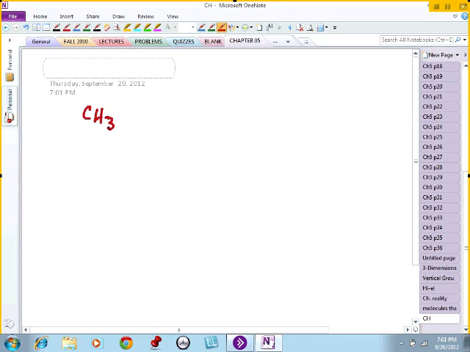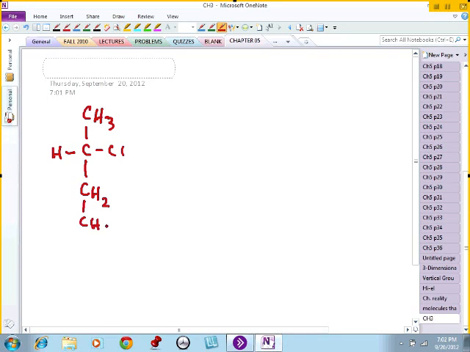Supposing you have this here. By the way, notice that most of the attention when we deal with stereochemistry, we are dealing with molecules that have chiral centers or chiral carbons.